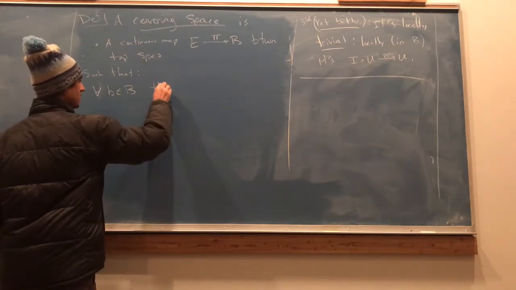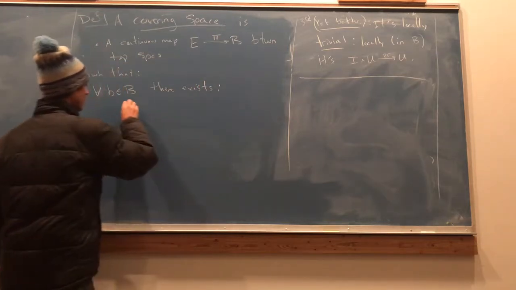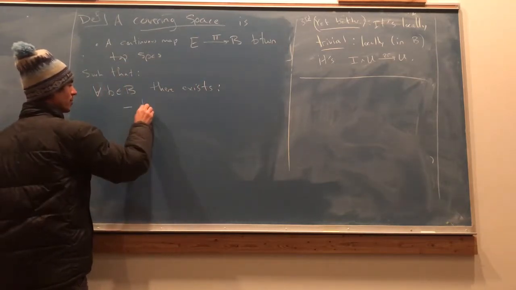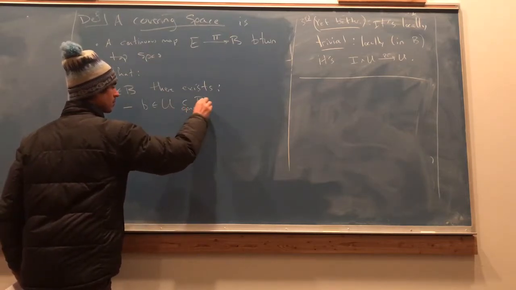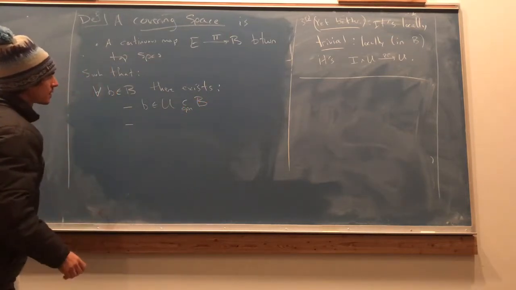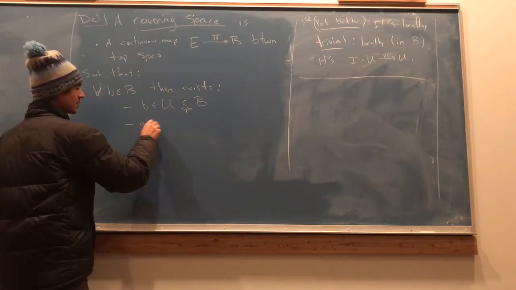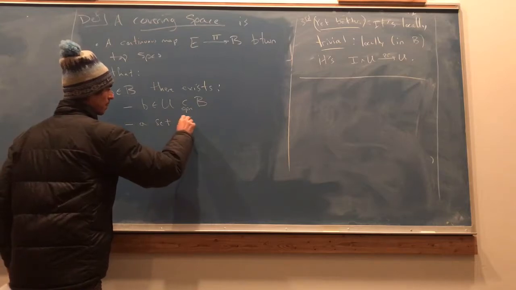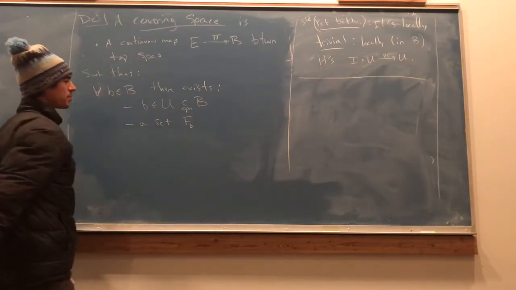There exists first an open neighborhood of that point. Next, a set F, and it'll probably depend on B, so I'll put F sub B.